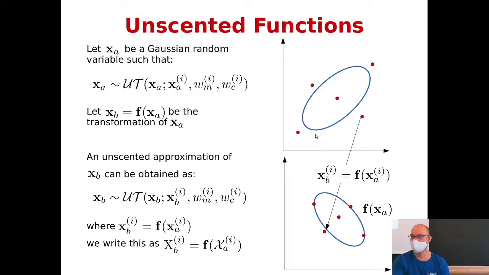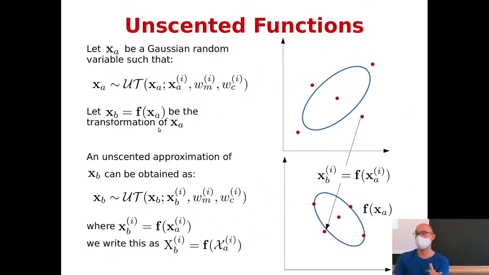So, let this be the input distribution, you apply this fantastic function, and this function might teleport your point, your x, from here to here. And this will be basically what we call xb^i, which is the projection of this i-th sample, the i-th sigma point. And you do this operation for all others. At the end of this operation, you will have what?